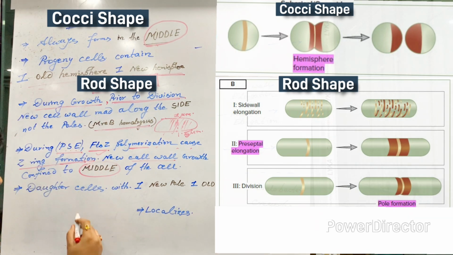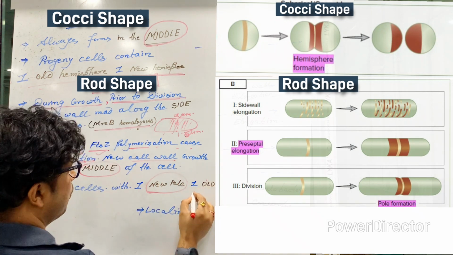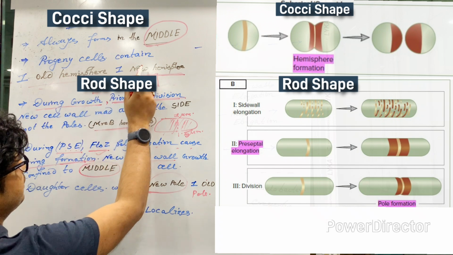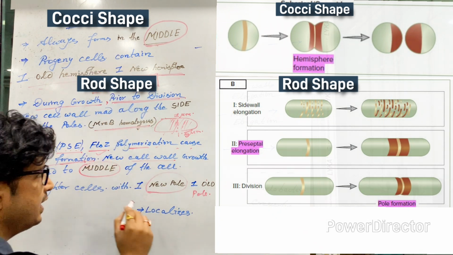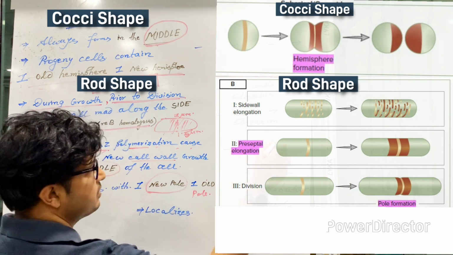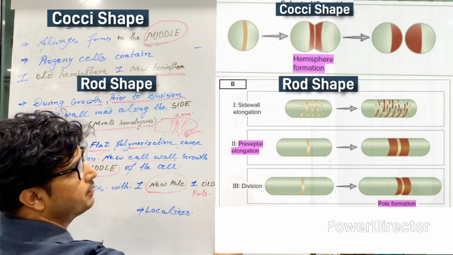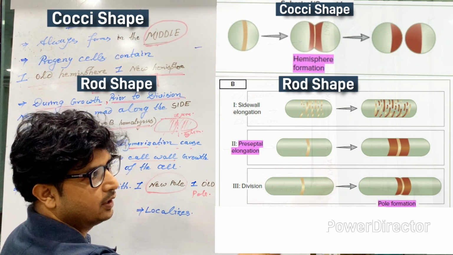So now the progeny cells, as you can see, will have one new pole and one old pole, like one new hemisphere and one old hemisphere regarding the cocci, and here we will say it as a pole because I can see in the picture that the middle of the cell has now become the end of the progeny bacterium or the daughter cell of the bacterium.